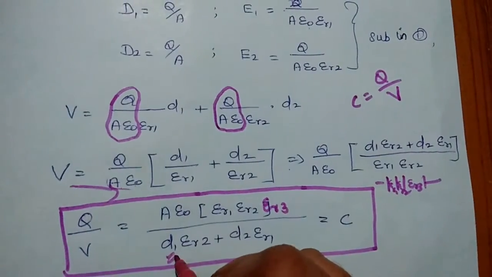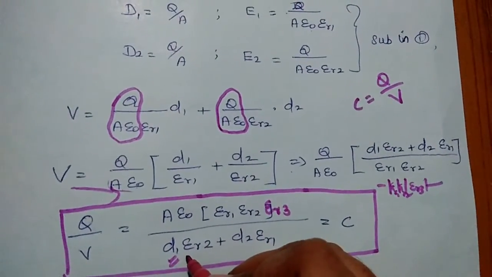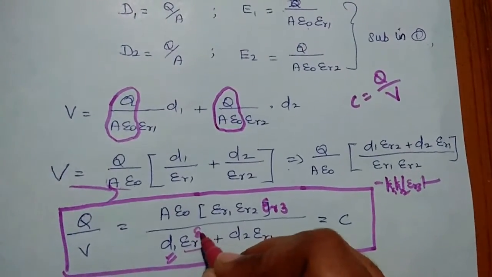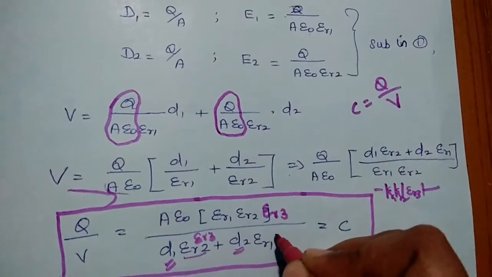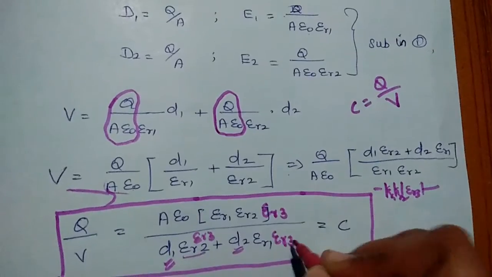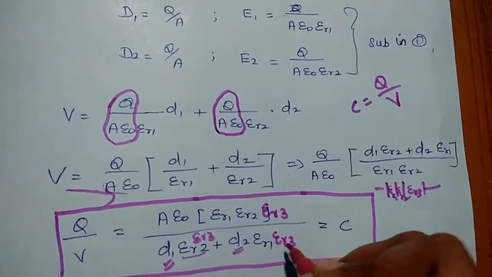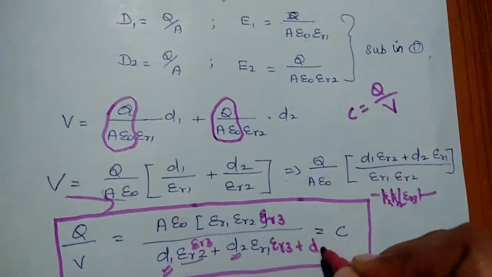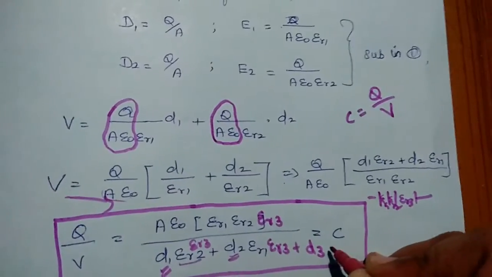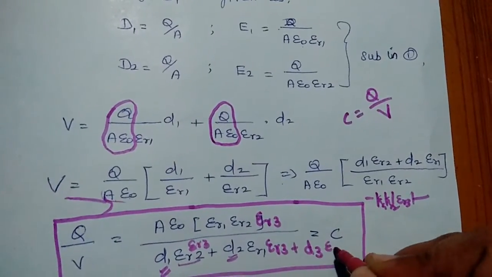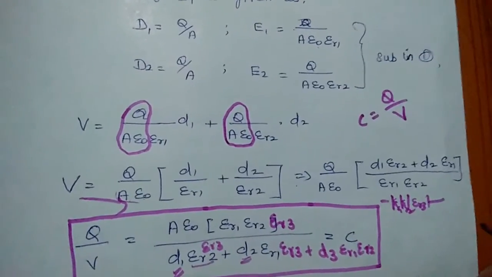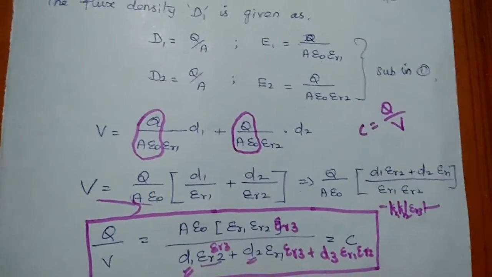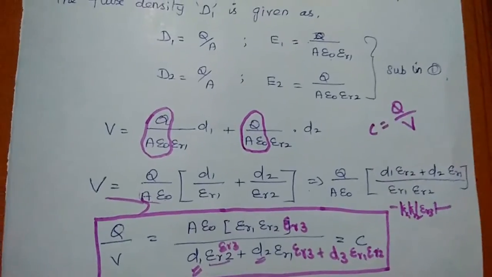For this distance D1, I can write epsilon R2 multiplied by epsilon R3. For this D2, I can multiply with other two components, so epsilon R1 into epsilon R3 plus D3. One more distance is there, right? D3 into epsilon R1, epsilon R2. Okay, so likewise we can increase the different materials.